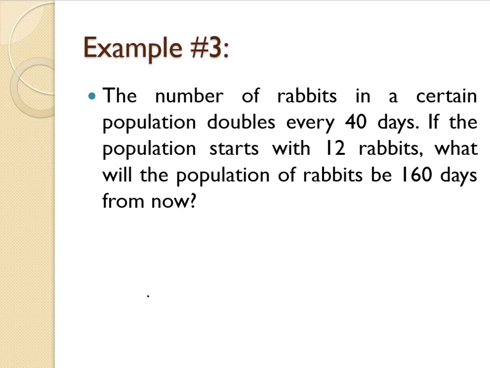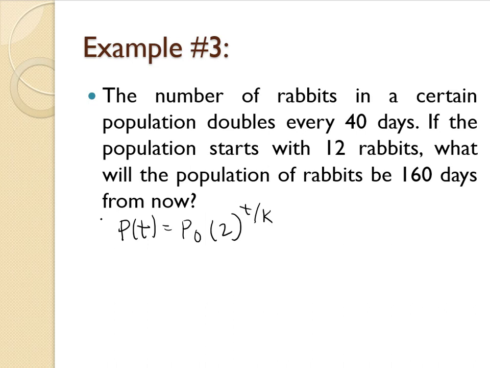P of t equals P sub 0 times 2, since it is doubling, raised to t over k, where P of t is the population at time t, P sub 0 is the initial population, t is time, and k is the relative growth rate.